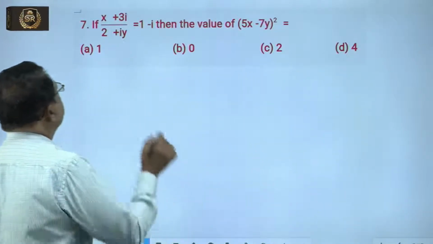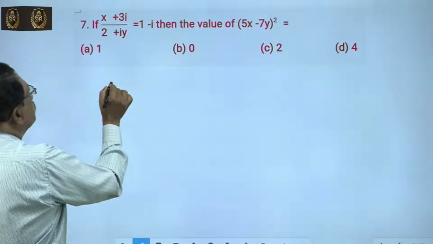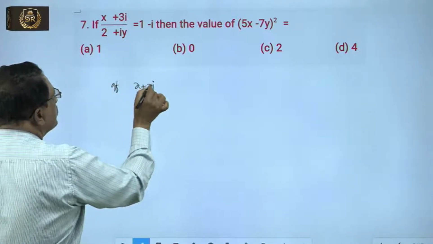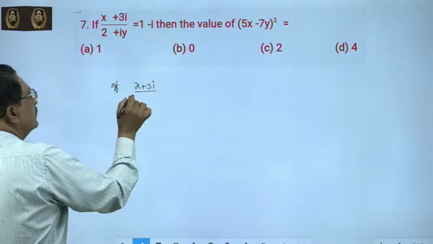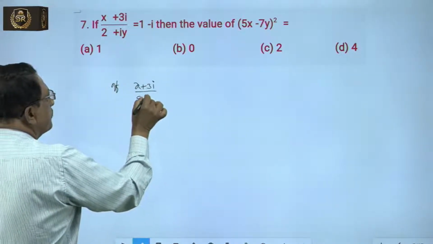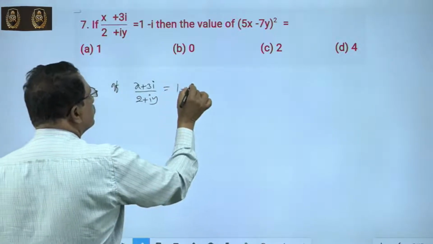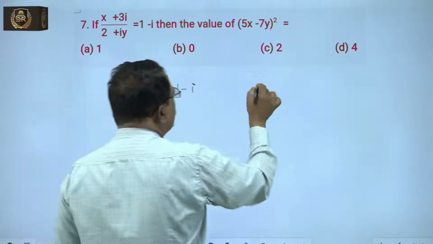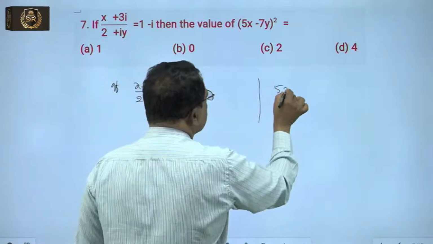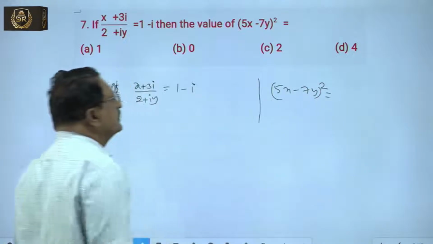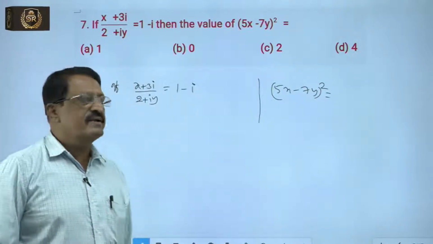Next problem. If (x plus 3i) by (2 plus iy) equals 1 minus i, we require the value of (5x minus 7y) whole square, which means we require the values of x and y.